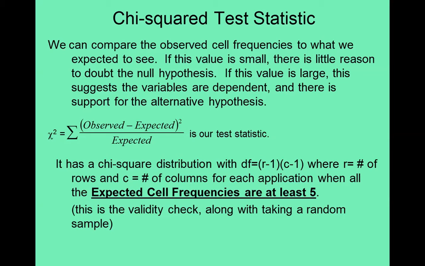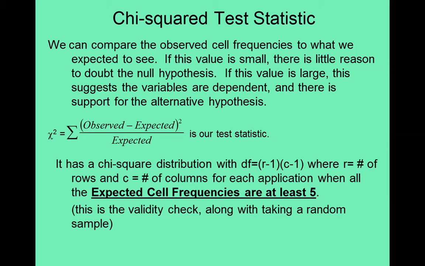We have a new test statistic called the chi-square test statistic. It's calculated using the formula chi-square equals observed count minus expected count, squared, divided by the expected count, and then we add that up for all 6 of the cells in our example, or in more generality, for all the cells in the cross tabulation table.